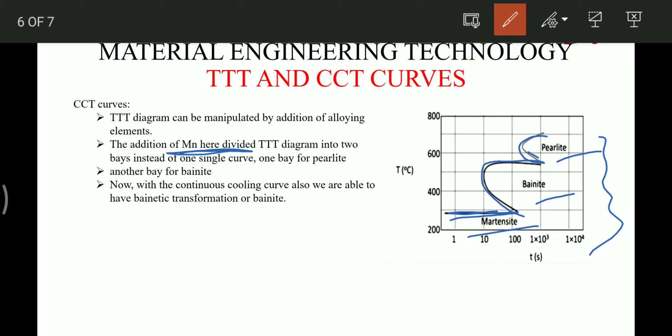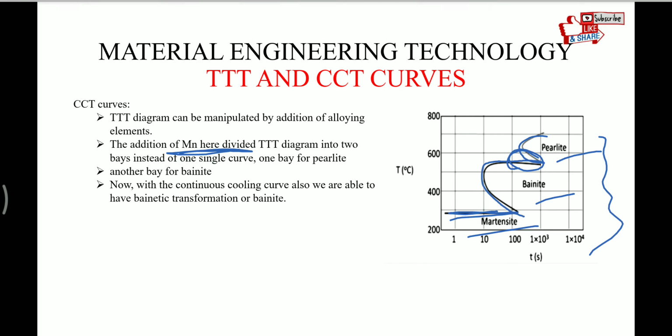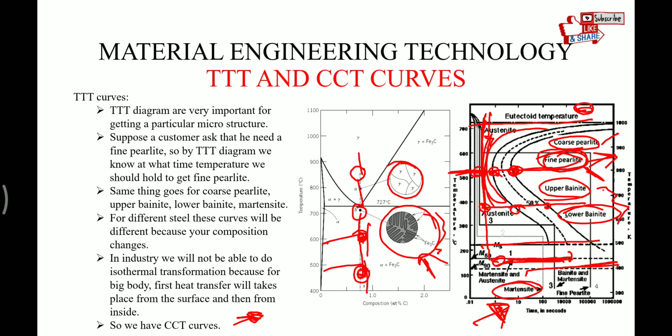So basically over here the division will take place. By alloying with manganese, we can have pearlite as well as bainite. So this is all we should know about TTT and CCT curves.